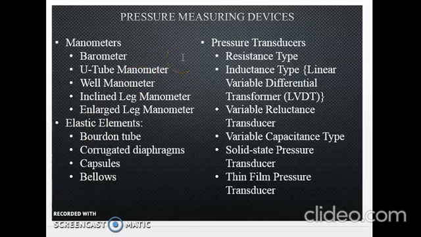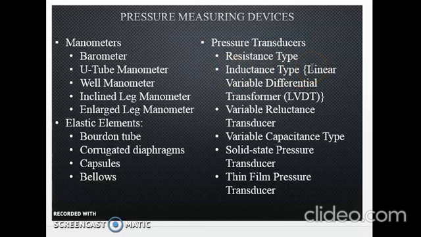The other important measuring devices are the pressure transducers. We know the transducer converts the pressure into a relatively convenient form so that we can measure the pressure very easily. So the pressure transducers are, first, of the resistance type; next is the inductance type, usually called LVDT.